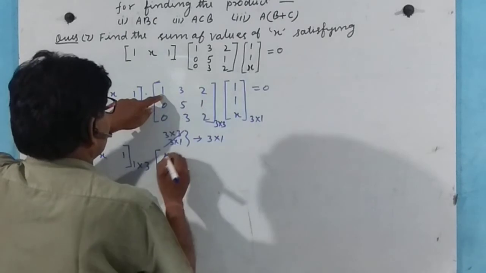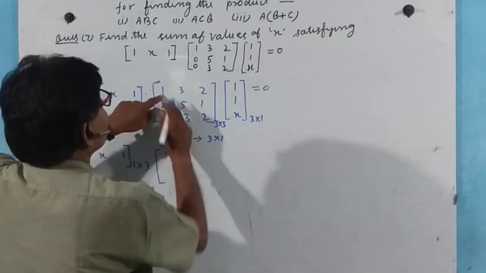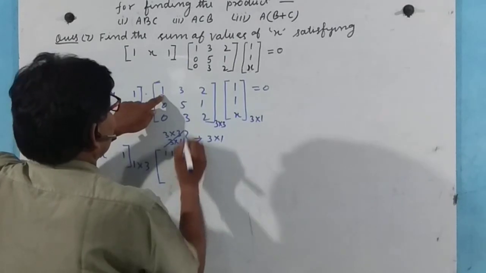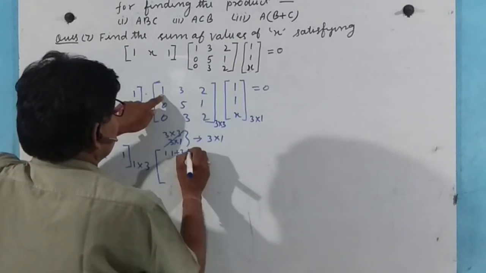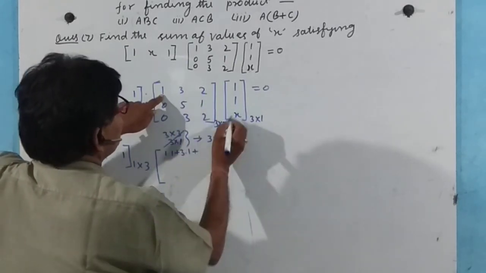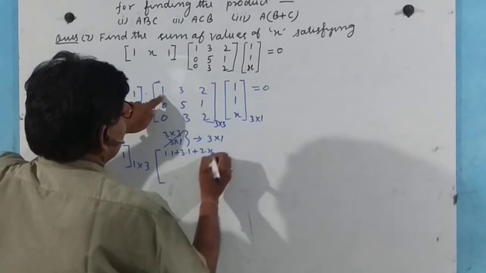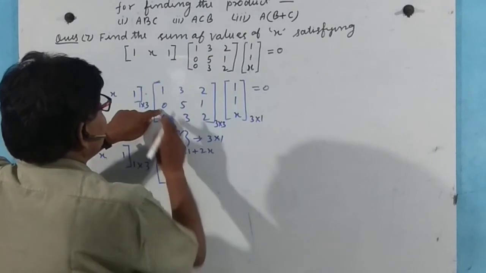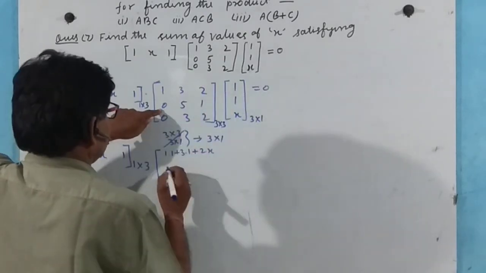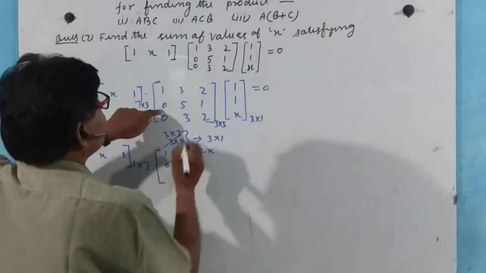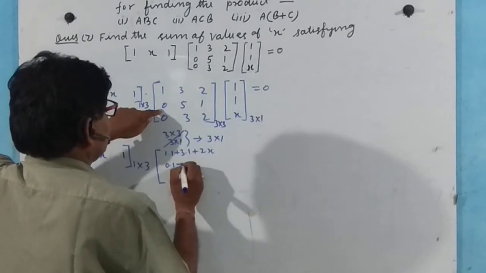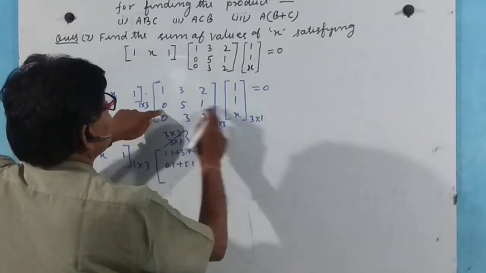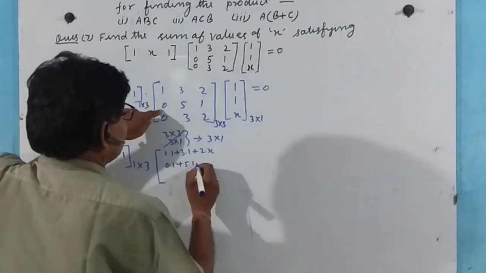1 into 1 plus 3 into 1 plus 2 into x. Row by column method. Next 0 into 1, 5 into 1, 1 into x.